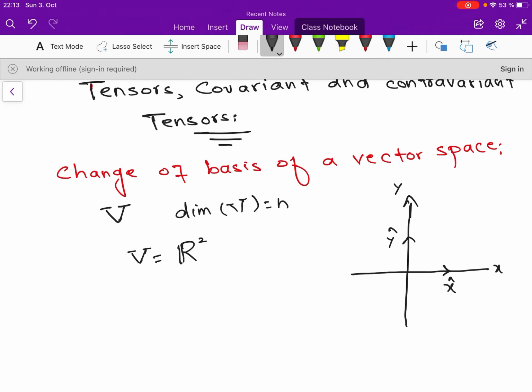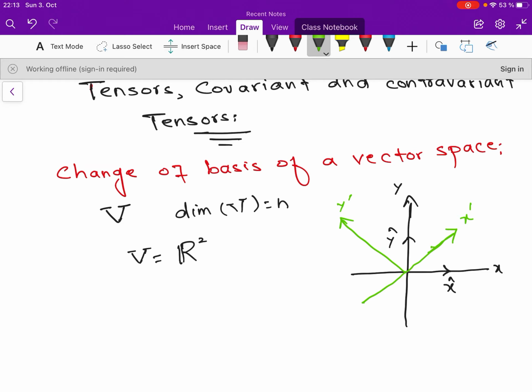Now if I change the coordinate system or I change the basis, it will become in this manner, and let me call this x prime and this one y prime. So now there are two basis systems, one is the xy basis system and the second one is the x prime y prime basis system. I can express the new basis in terms of the old basis.